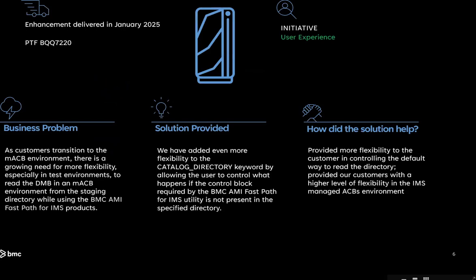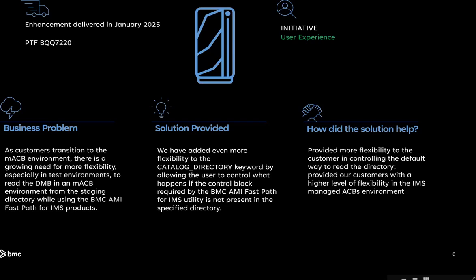What is the business problem that this particular customer had? What we found out was as customers transition to the IMS managed ACBs environment, there is a growing need for more flexibility, especially in test environments. We have talked to so many customers, and most of our customers tell us this.